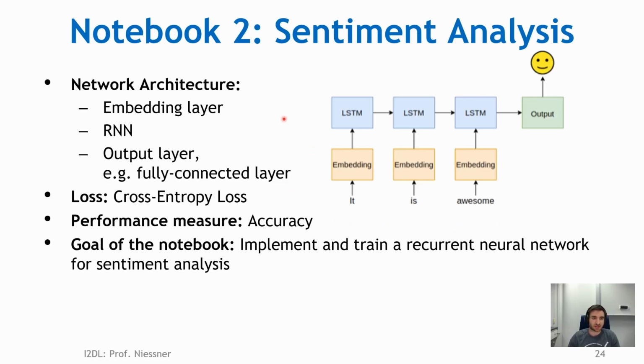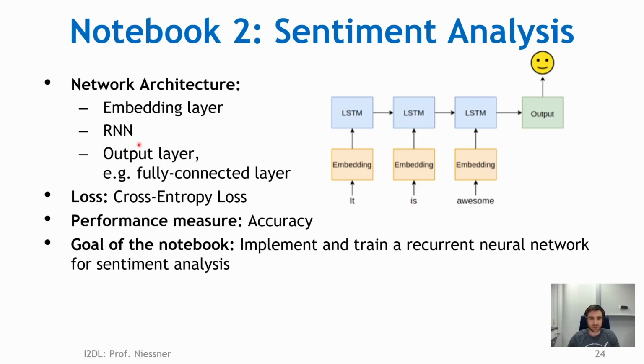For notebook 2, this is about the implementation of the network itself. The architecture consists of the embedding layer, which we implemented in notebook 1. For the main part of the network, we allow you to use the PyTorch implementations for RNNs or LSTMs, but you can also use your own implementation from the optional notebook.